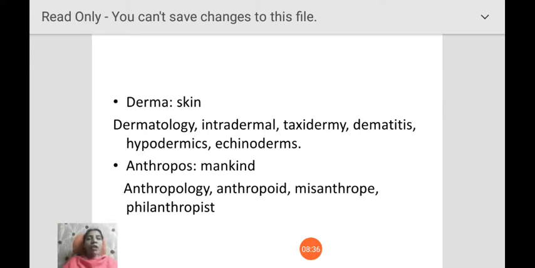And philanthrope, a person who does good deeds for the well-being of the human species. These two are opposite words, misanthrope and philanthrope.